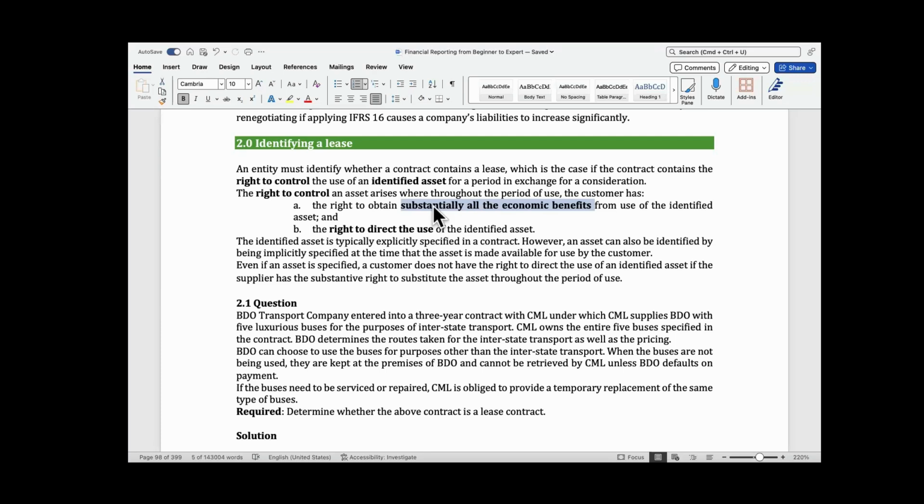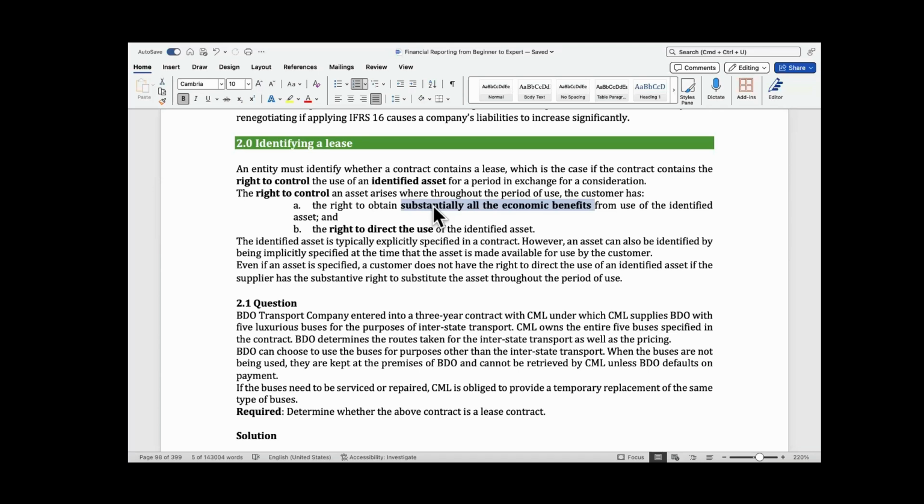The agreement was that out of all the buses the owner has, the lessee can come and pick any one of them. That cannot work, because for it to be a lease, the lessee must substantially be the one enjoying economic benefit from an identified asset. And if you can pick any of the assets, there's no way we can judge that the lessee is obtaining all the economic benefit from that asset.